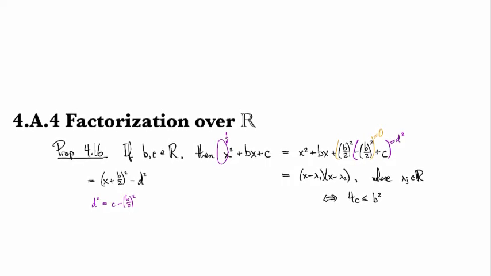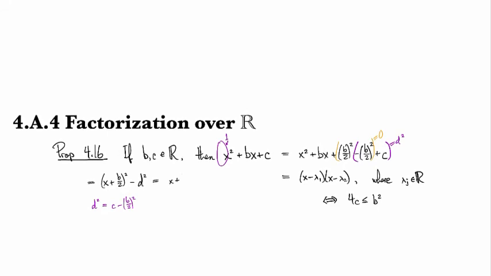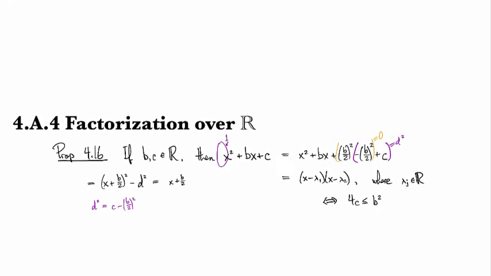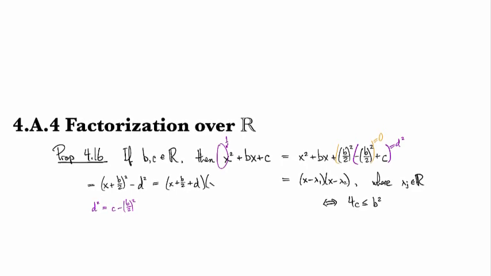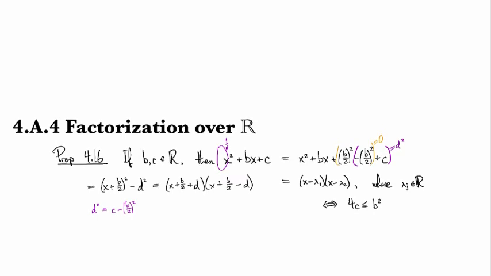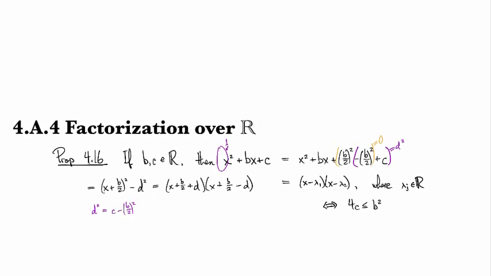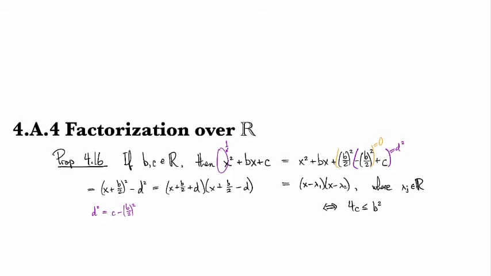Okay. And then I've got a difference of squares formula. So I've got x plus b over 2 plus d times x plus b over 2 minus d.